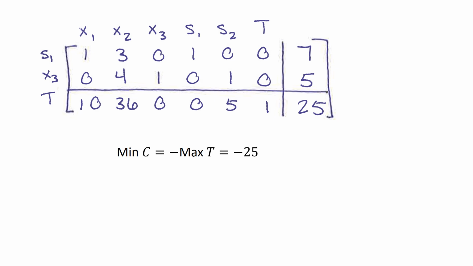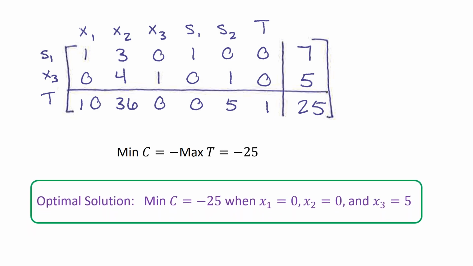So since t has value 25, min c has value negative 25. So the solution to the minimization problem is that the minimum value of c is negative 25 when x1 is 0, x2 is 0, and x3 is 5.